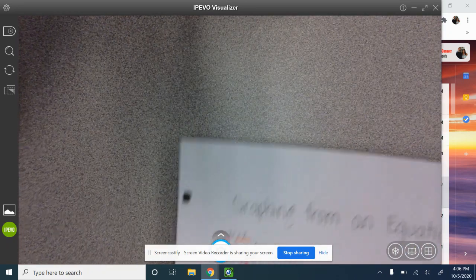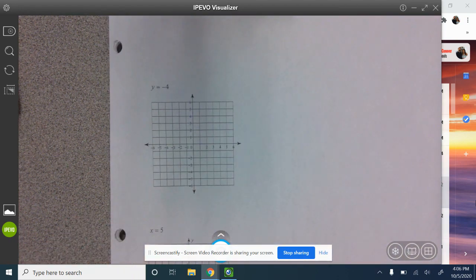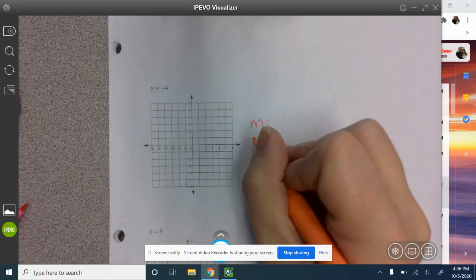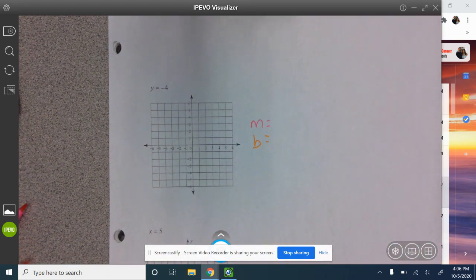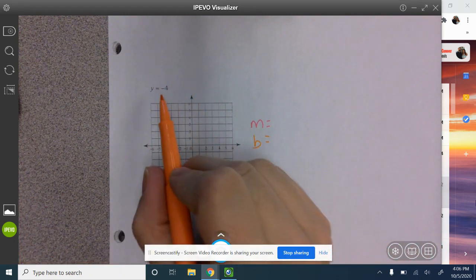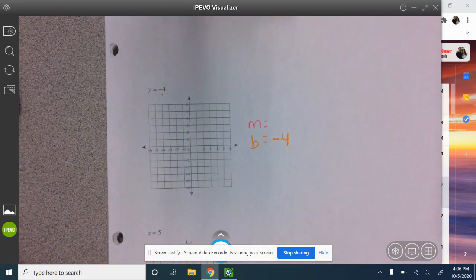Okay, we have 2 more to look at. On this one, remember we're going to talk about m and we're going to talk about b. Well, on this one, y equals -4. My -4 is by itself, it's not with the x, so I know that will be my b value.